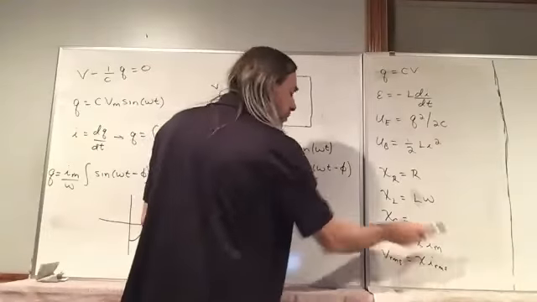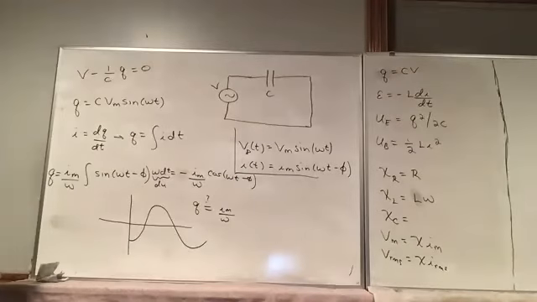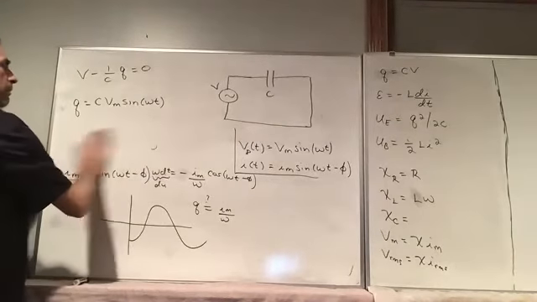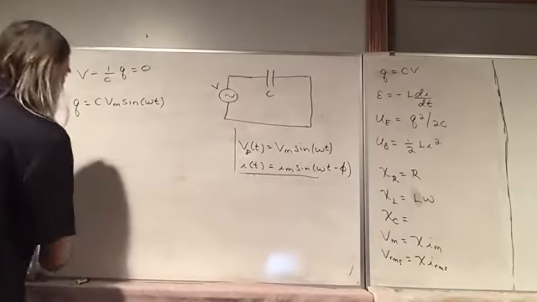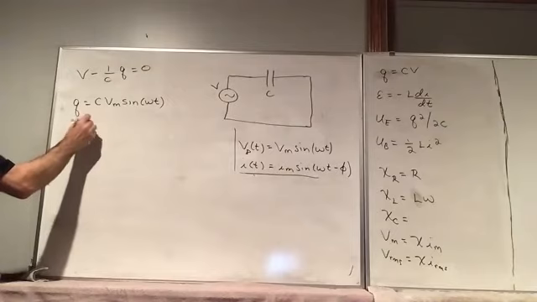We want to relate the voltage and the current. So that's the voltage. And yeah, we have our loop rule. Maybe let me try something a little different here. See if I can get this to work.